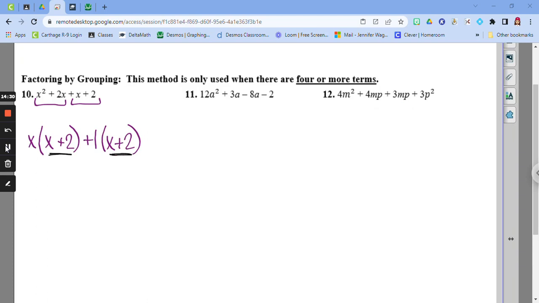I have a matching x plus 2 factor. So I have x plus 2 in common. And I have x plus 1 as my other.